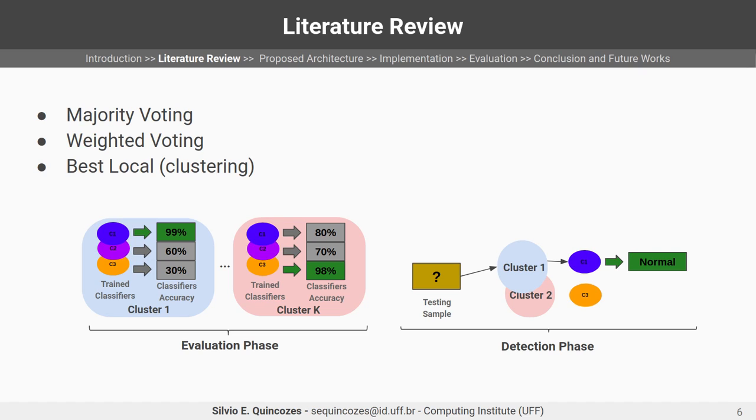Then, in the detection phase, when a new sample comes to the IDS, the IDS will first cluster this new sample into one of the generated clusters. For example, if this sample is clustered into cluster 1, classifier 1 will be selected to take the final decision, because at the evaluation phase, classifier 1 was the best classifier for cluster 1.